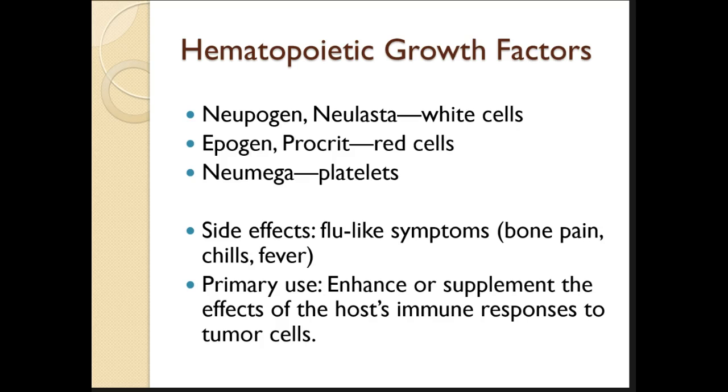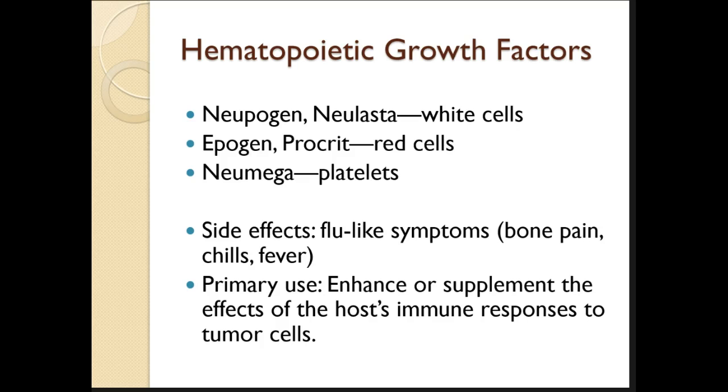The hematopoietic growth factors that are used, again, Neupogen or Neulasta, are utilized for white blood cells. These are granulocyte colony stimulating factors, and filgrastim is your generic term for that.